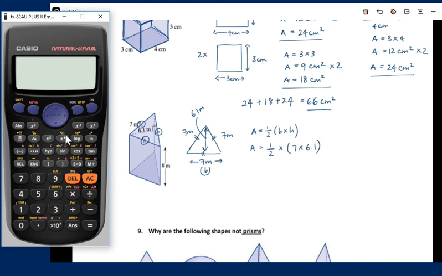So typing that into the calculator, I've got 7 times 6.1, and I get an area of 21.35 meters squared. Now, like I said before, we have 2 of these, the top and the bottom, or the base. So multiplying this by 2, I get area is equal to 42.70 meters squared. Now that's just for the triangular faces.